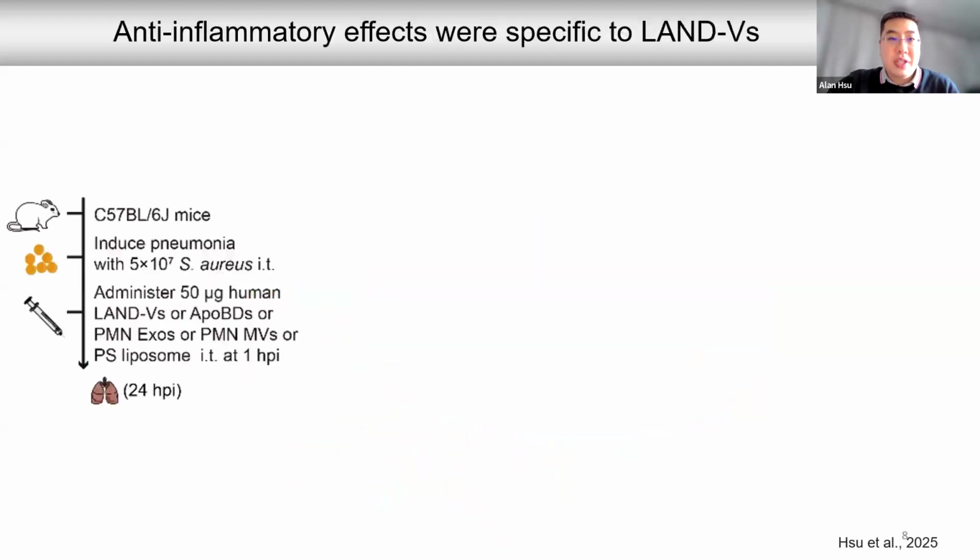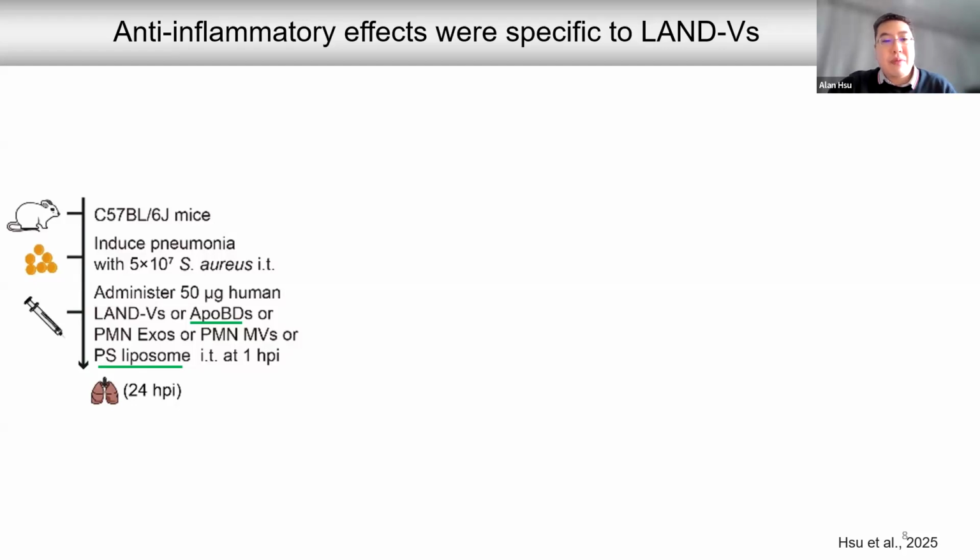So we wanted to see if this anti-inflammatory effect were specific to LAND-Vs, or maybe all neutrophil vesicles per se could do this. So we wanted to compare first with apoptotic bodies, because neutrophils are short-lived. They do form apoptotic bodies. The role of apoptotic bodies is just to keep everything quiet, get efferocytosed by macrophages, cause IL-10, and thus be anti-inflammatory, because of the phosphatidylserine on their surface.